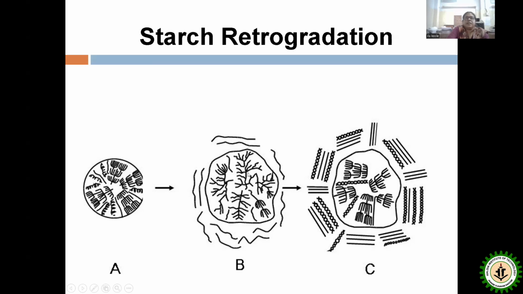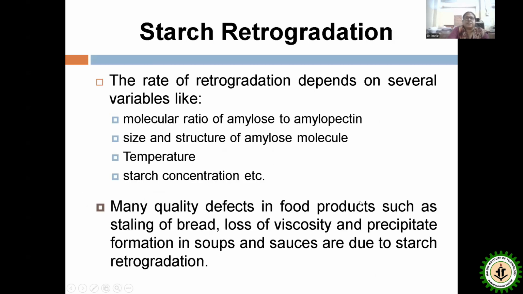Here you can find that some of the amylose molecules are coming out from the granule into the solution, whereas amylopectin molecules are still inside the starch granule. And picture C represents the retrogradation process. Here you can find that outside the starch granule, the amylose molecules combine together to form crystals. So it represents the retrogradation process.